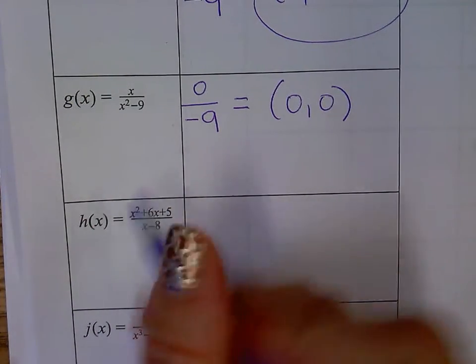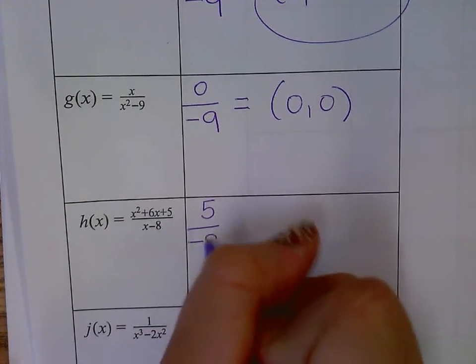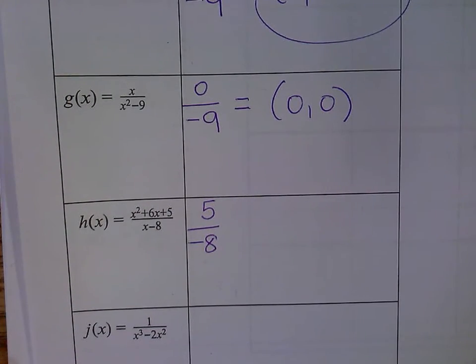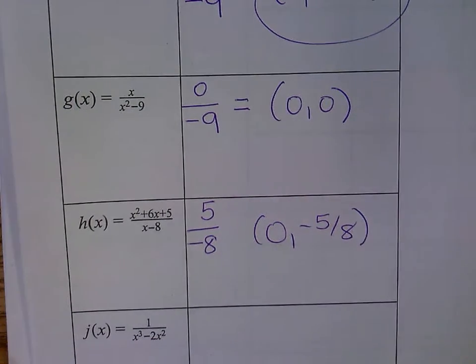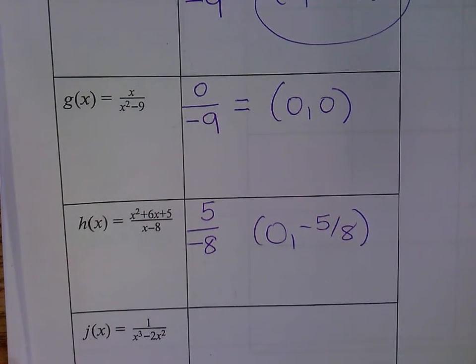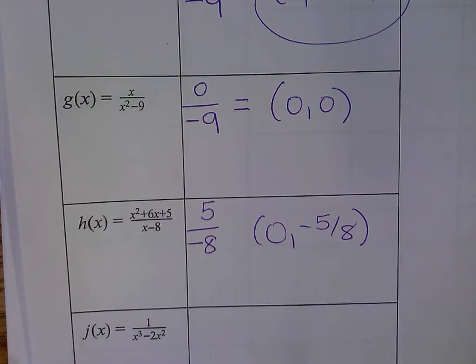So all I have left is a 5 in the numerator and a negative 8 in the denominator. So (0, -5/8), or you could leave it as 5 over negative 8. It means the same thing.